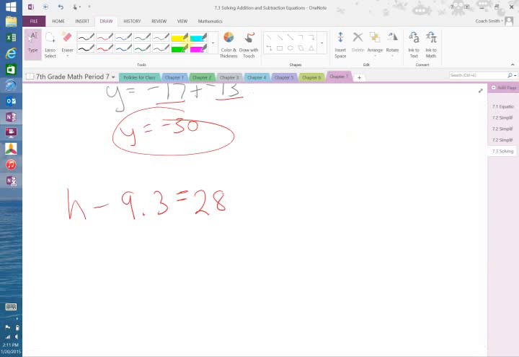Now, obviously in this problem, we're subtracting. Okay? The first thing we must decide is what are we doing to the variable? What are we doing to h? We are subtracting 9.3 from h. So the inverse of subtracting 9.3 would be to add 9.3. So we're going to add 9.3 to both sides.